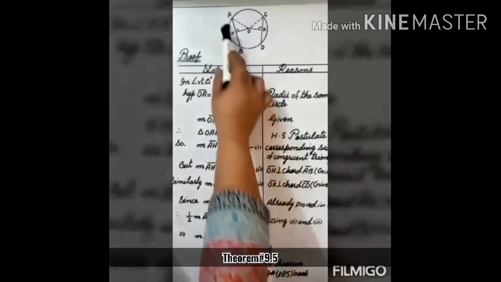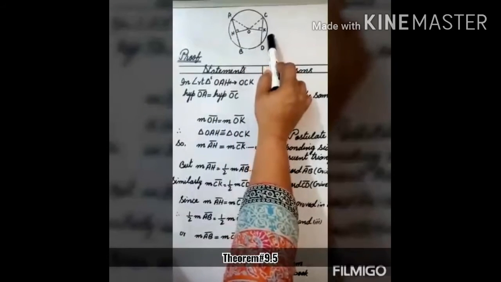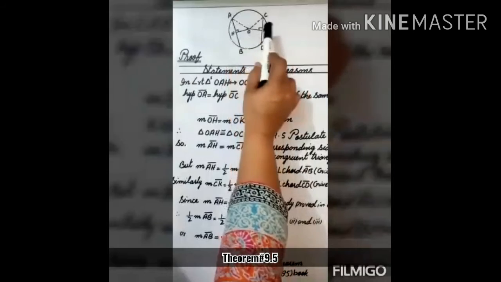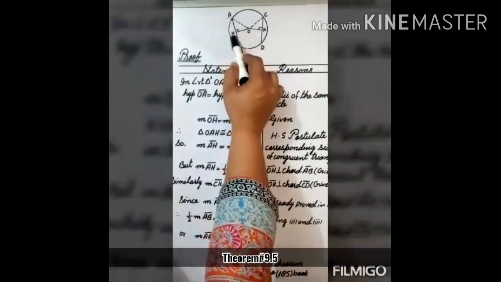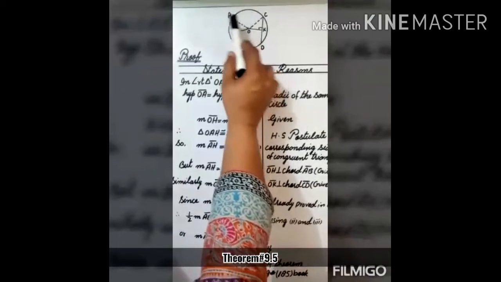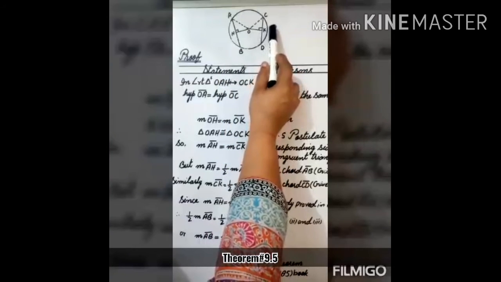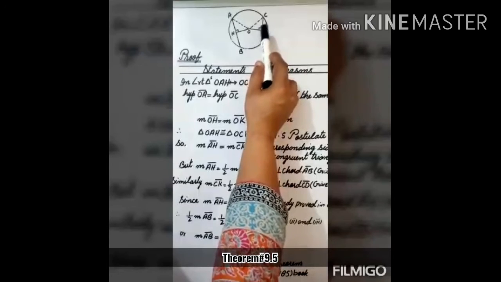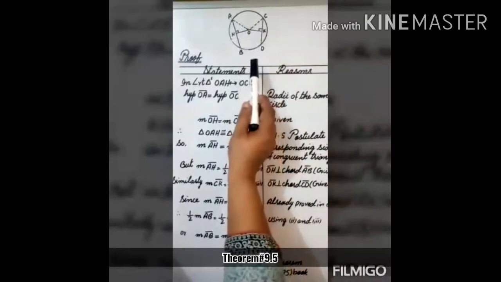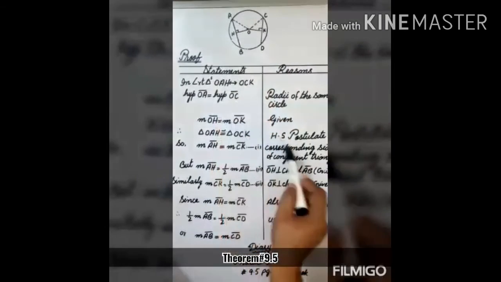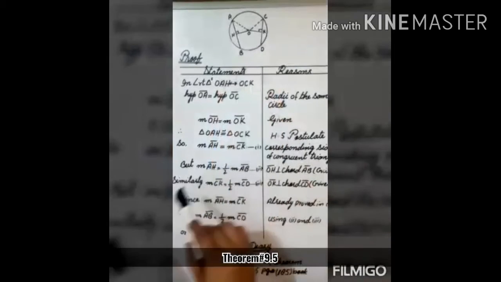So measurement AH is equal to measurement CK. Measurement AH is the third side of triangle OAH, and measurement CK is the third side of triangle OCK, and both are equal. Why? Because the congruency is proved, so we can say that the third side is also equal.